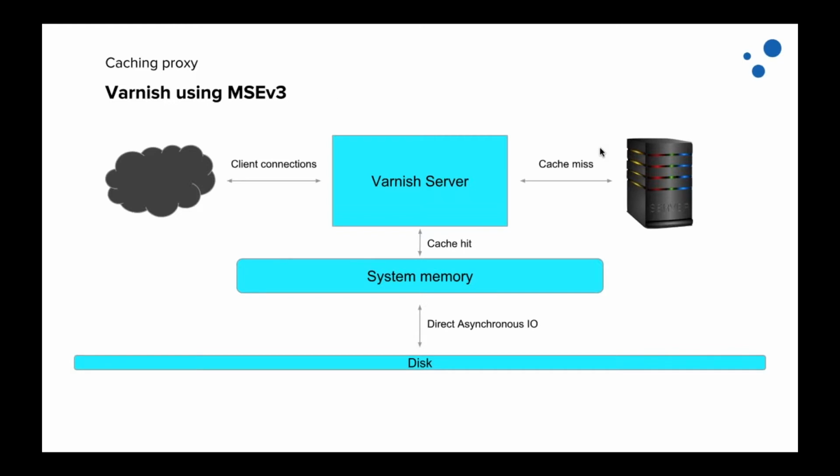So going to what this looks like for MSE version 3, we can then see that we are back to using regular system memory, or application allocated memory from the pool of system memory, but then adding the disk layer as a secondary layer. So what we really implement here is a type of two-level cache system, where we have a system memory that is very much like the normal malloc stevedore that we started looking at.